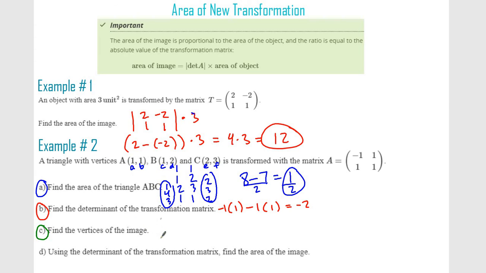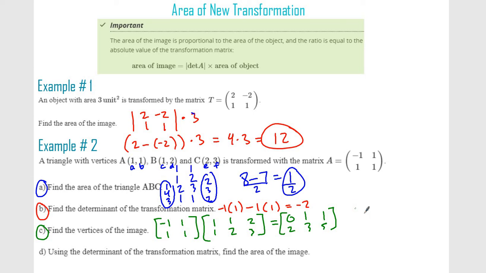So we're literally going to take our transformation matrix and multiply it by our points. And we get 0, 2, 1, 3, 1, 5.